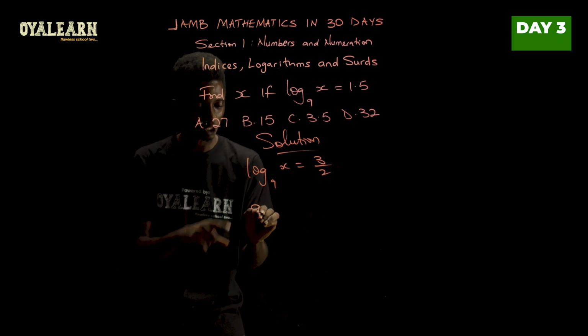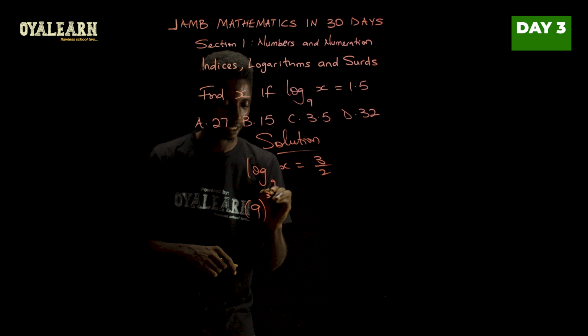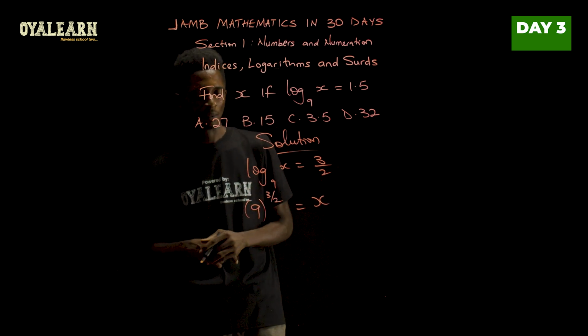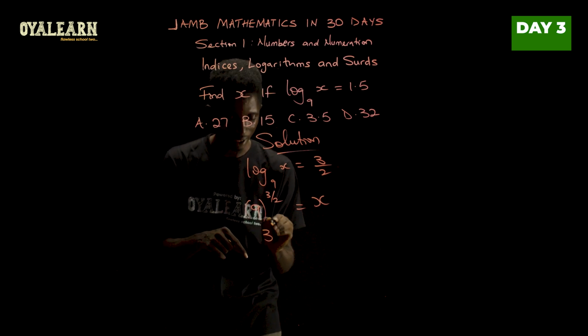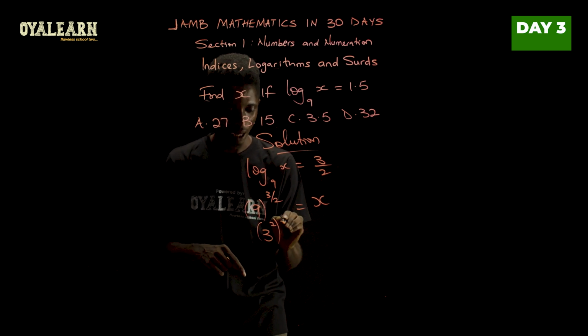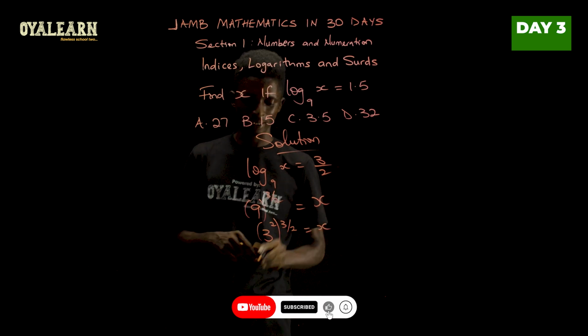That is, the base here, which is 9, we then carry the power of 3 over 2, and this has to be x. Now, working with this, we can then say 3 squared power of 3 over 2 equals x.